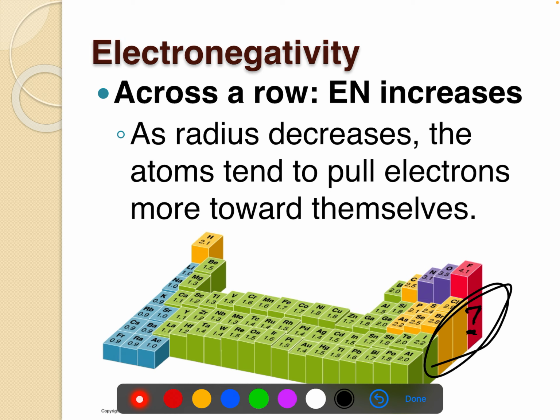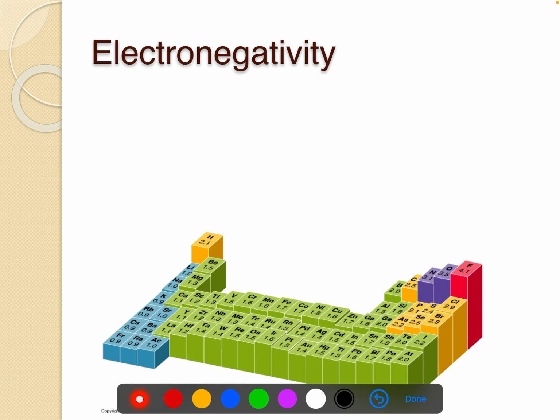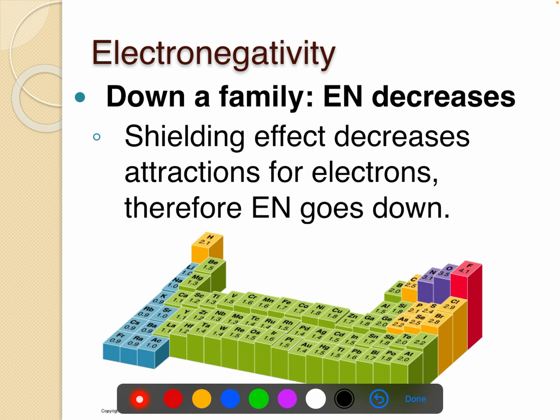Well, remember I said if it's not involved in bonding, you can't have an electronegativity. Now the noble gases, or group 18 of the periodic table, doesn't have bonding happen very often because they have a full electron shell.